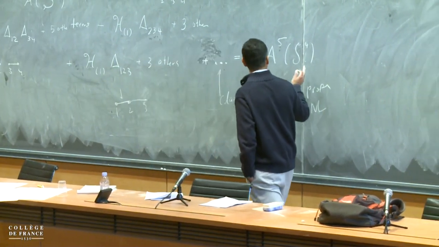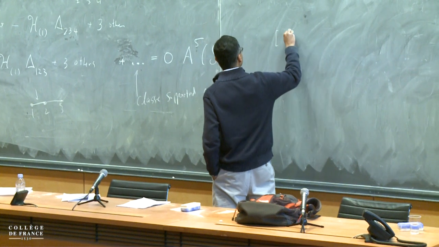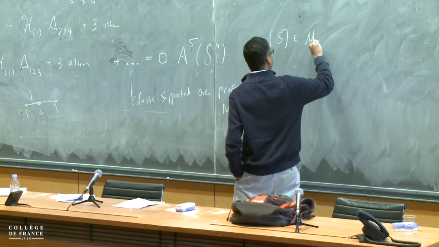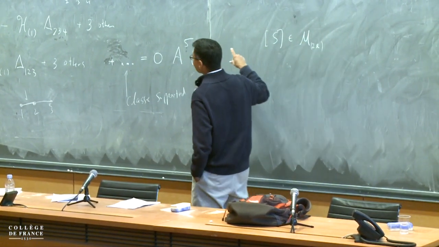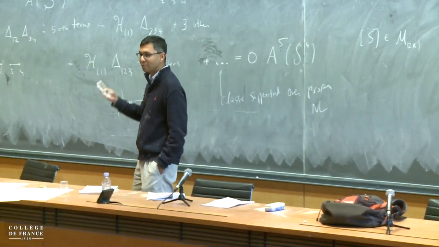This is about moduli, so we can intersect this with a fixed moduli point. But you do something else. First of all, that's about 3 points, and we have 4 points here.